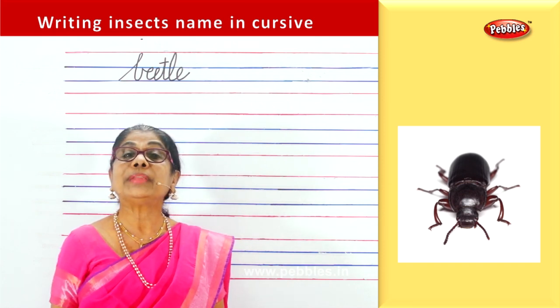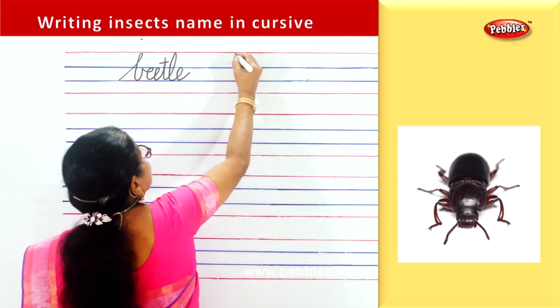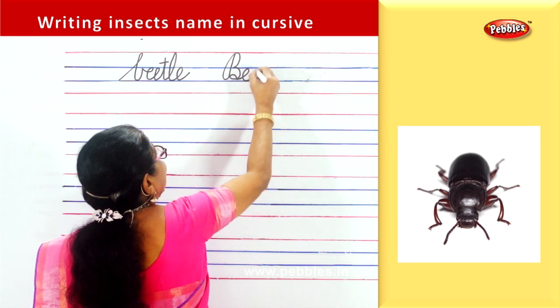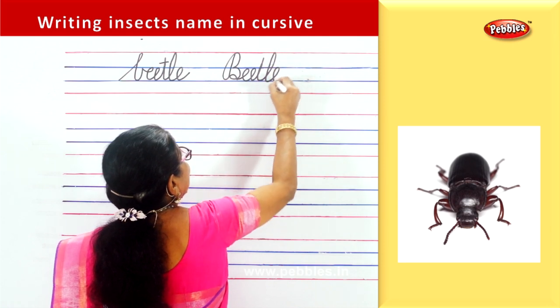Beetle. Now let's write the B capital. B, E, E, T, L, E.